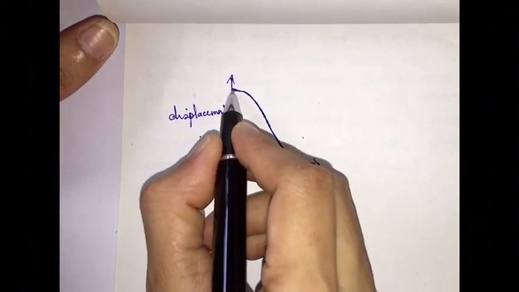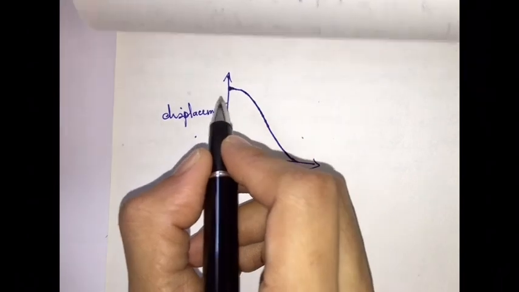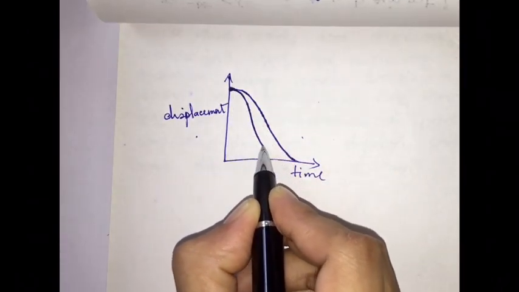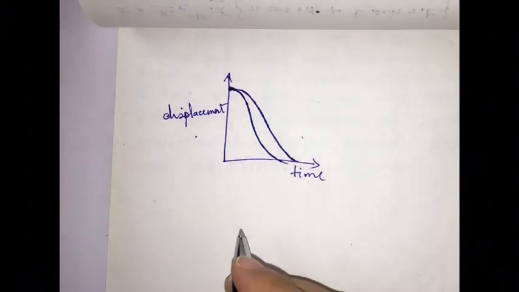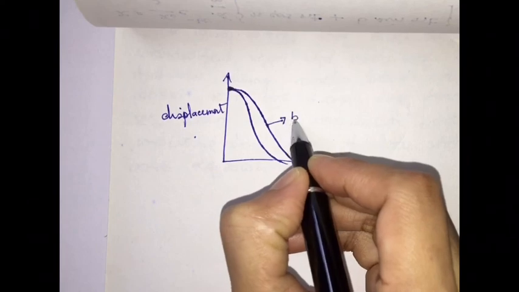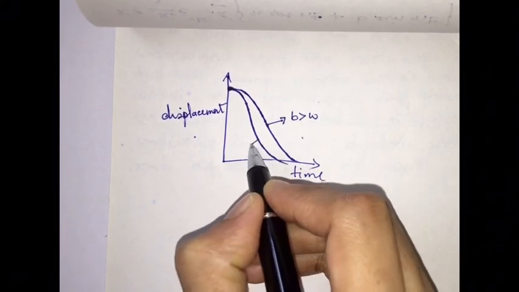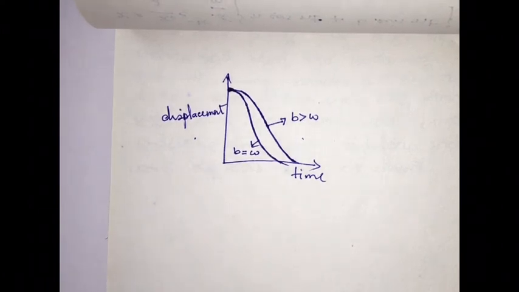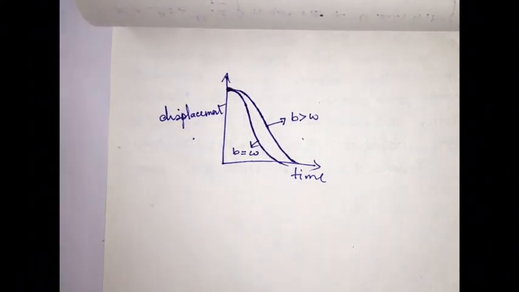But for the second case, initially it comes down slowly, but later on the body comes down to rest with the minimum time. So this is the case when b is greater than omega, and this is the case when b is equal to omega. So this is how we can describe the theory of damped oscillations.